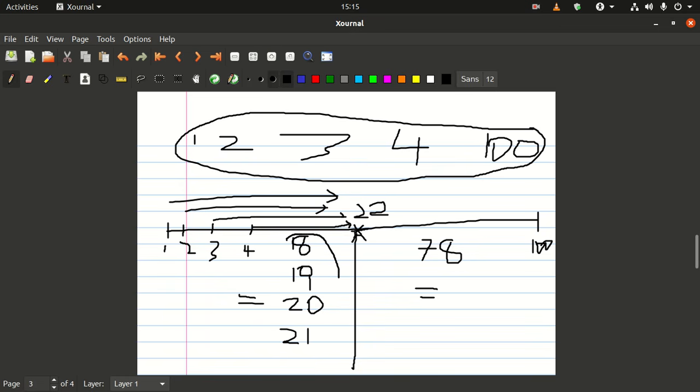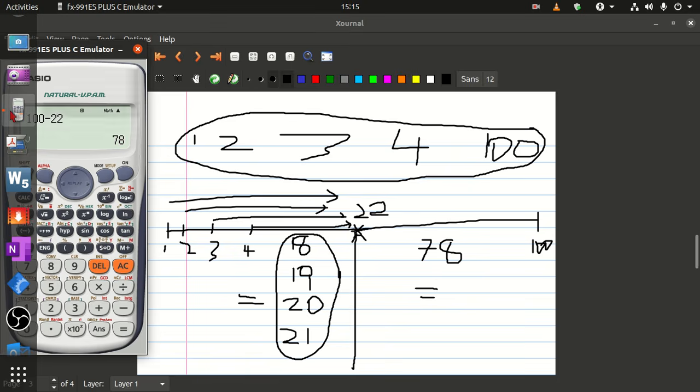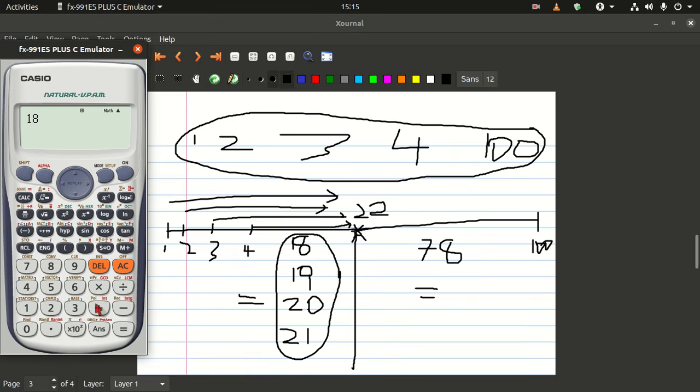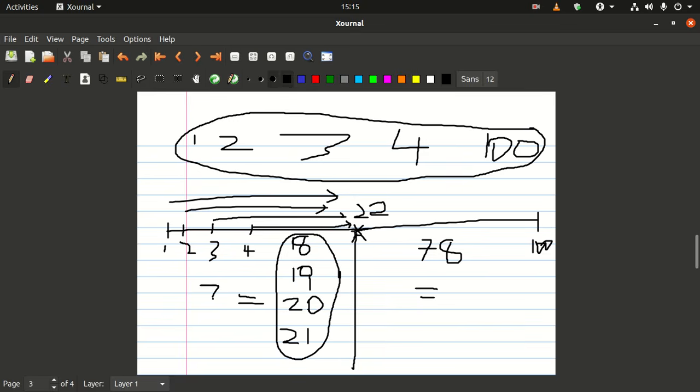When I am adding 18 plus 19 plus 20 plus 21, what am I getting? I get 78.